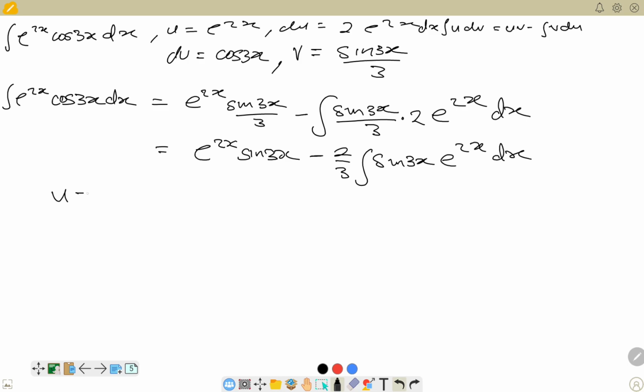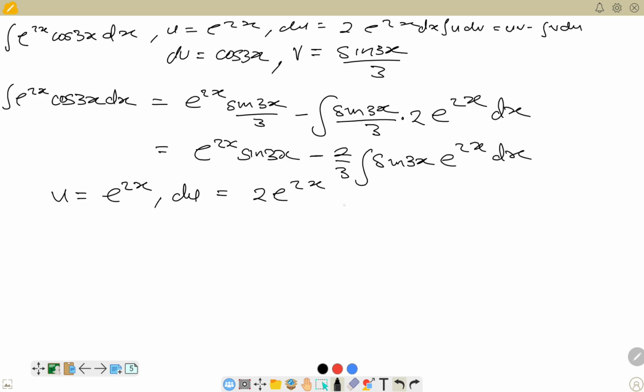Now we say that our u is still e to the power 2x, and when we differentiate, it's going to be 2e to the power 2x.